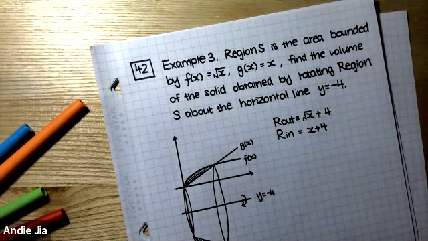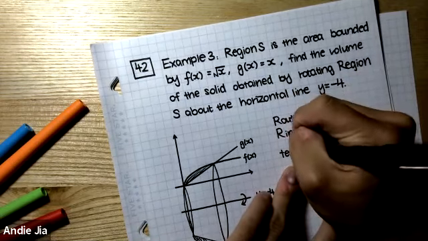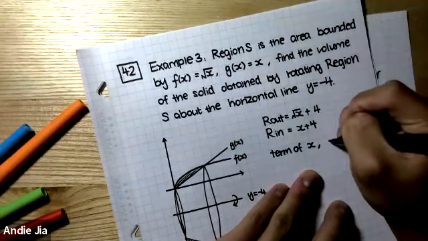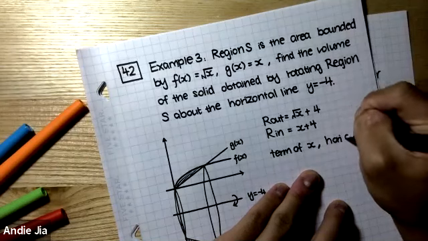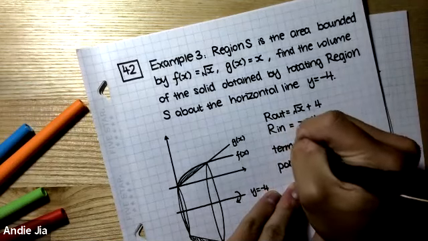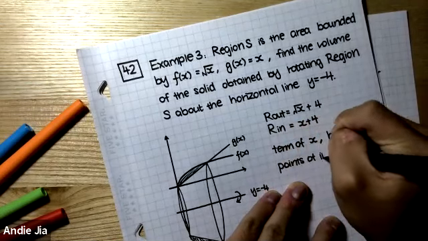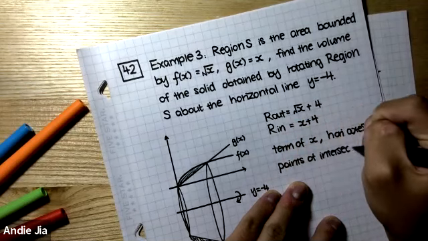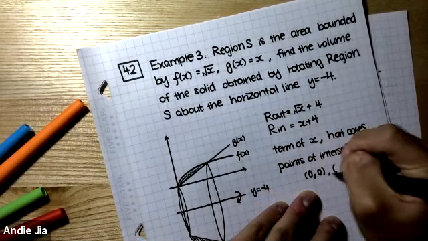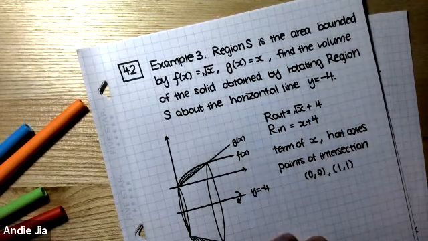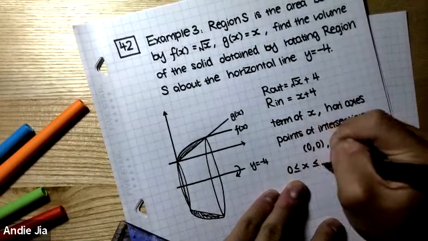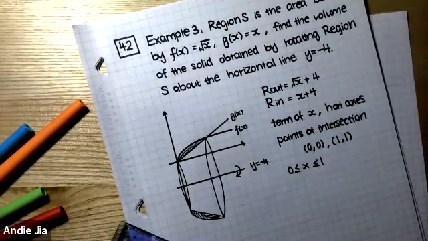It will be set up in terms of x, since it is a horizontal axis of rotation. Find the points of intersection: (0, 0) and (1, 1). So we use 0 to 1 as our interval of bounds.